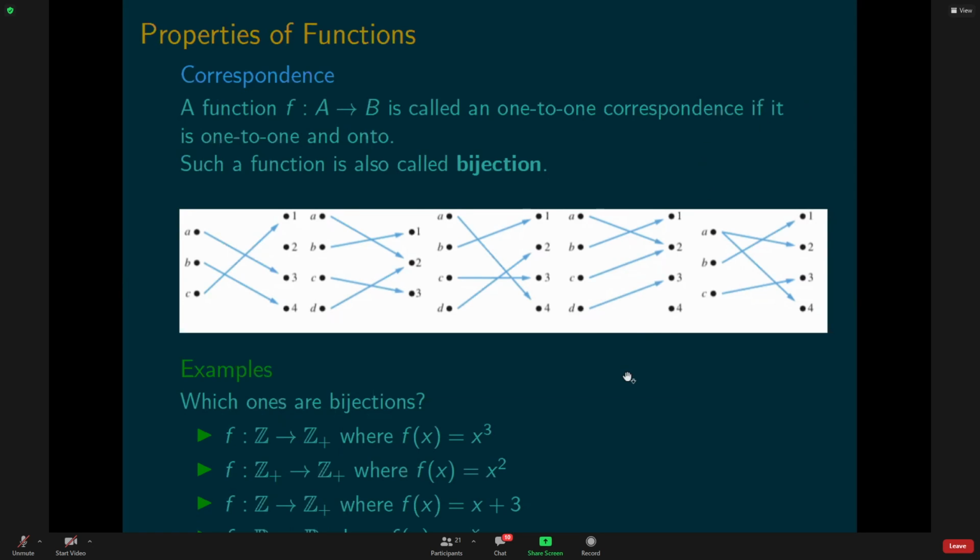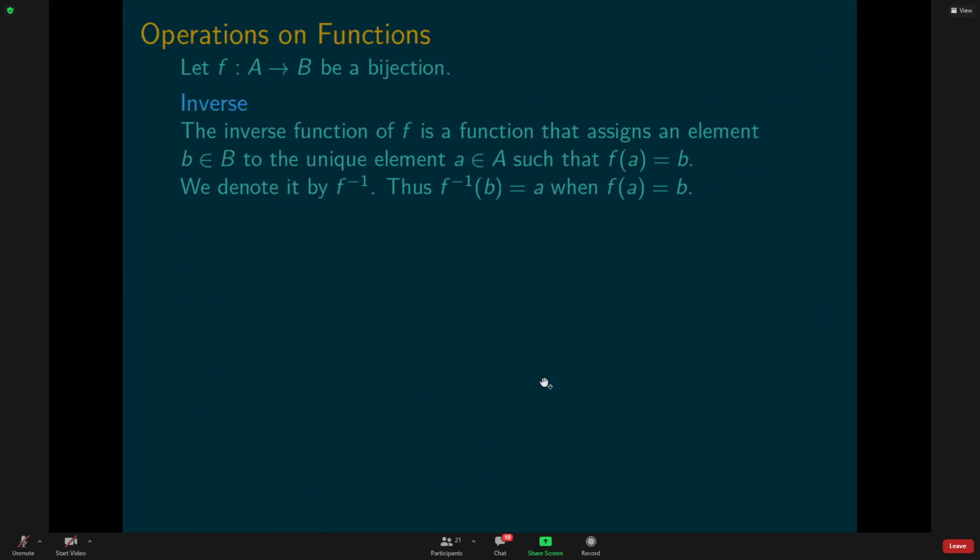The third and the last, sorry. So this is a bijection. Yes, it is one-to-one and onto. This is not onto because you have an element that is not covered. This is also not onto. And is the last one one-to-one and onto? It's not a function, I didn't see that, sorry. The last one is not a function, so it's definitely not a bijection. Okay.